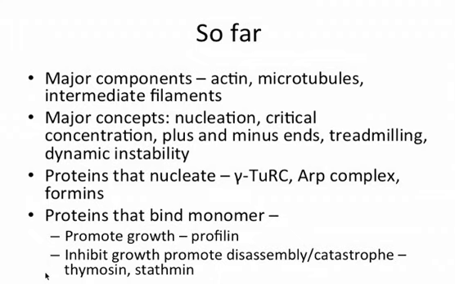Okay. So we started talking about proteins that nucleate. So that was the gamma tubulin ring complex and the centrosome, and all about the growth of the microtubules and how that changes during mitosis. The ARP complex and formins and how they regulate. What do they regulate? What kind of cytoskeletal component?